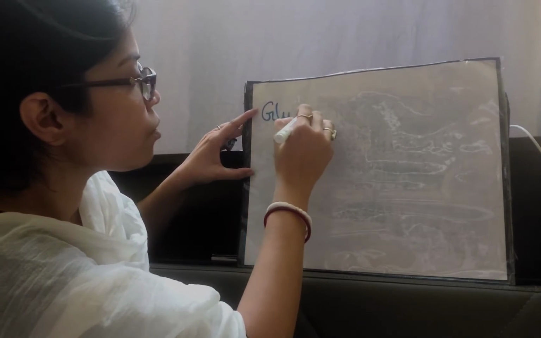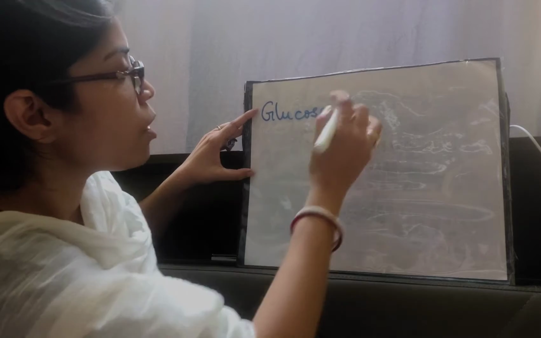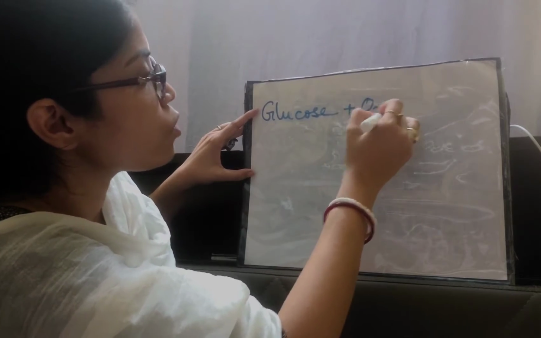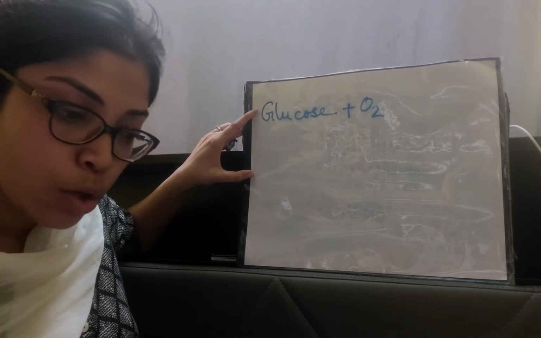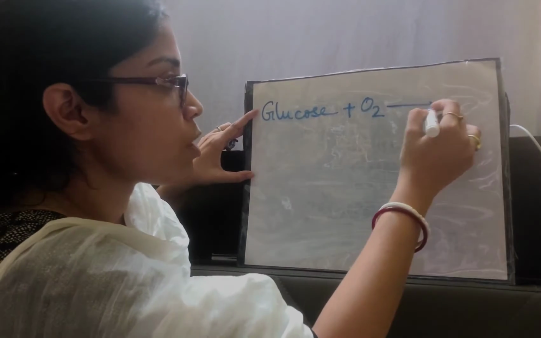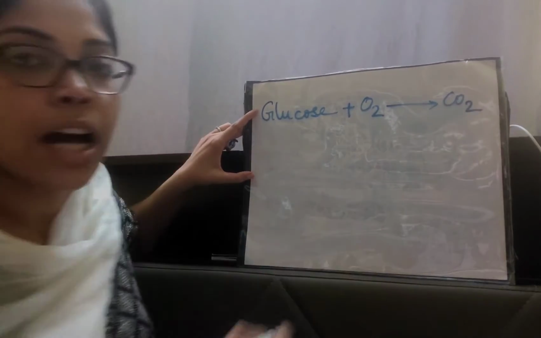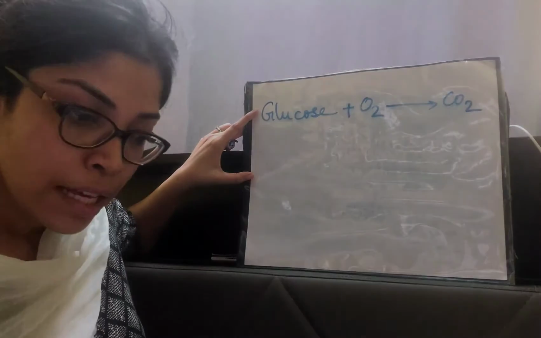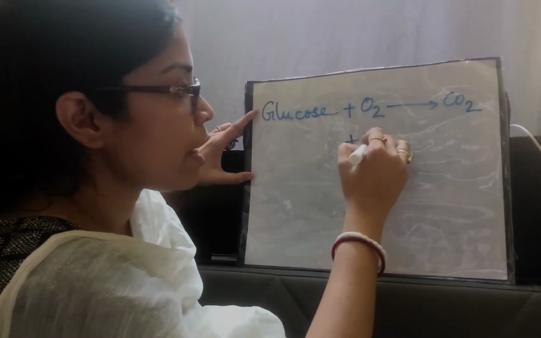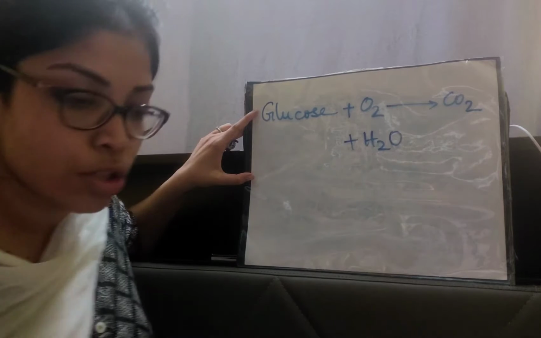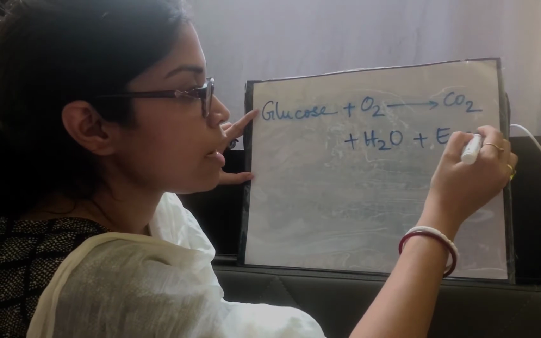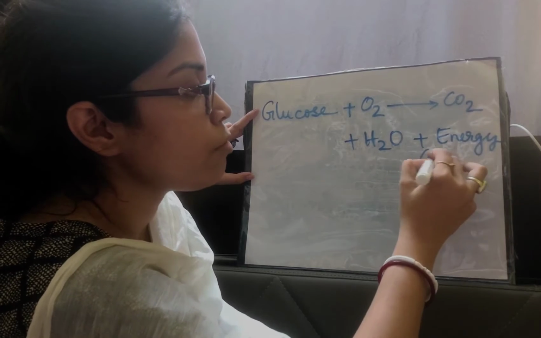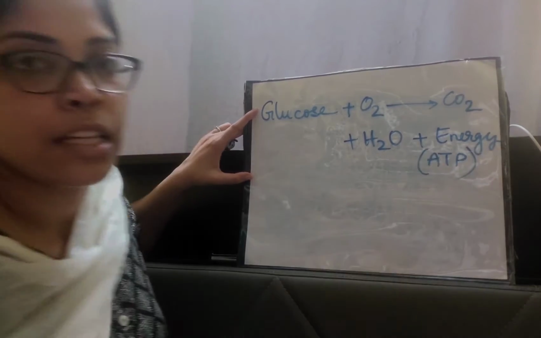Glucose plus oxygen. So glucose has to come in contact with oxygen. Okay, glucose plus oxygen forms what? CO2, carbon dioxide. Okay, then what? Plus H2O. What is H2O? Water. Then plus energy in the form of what? In the form of ATP.